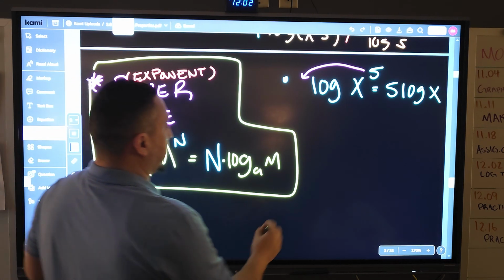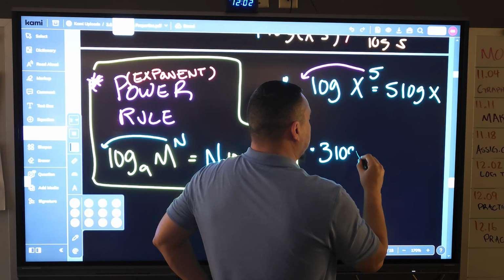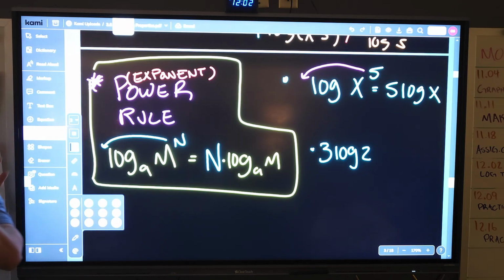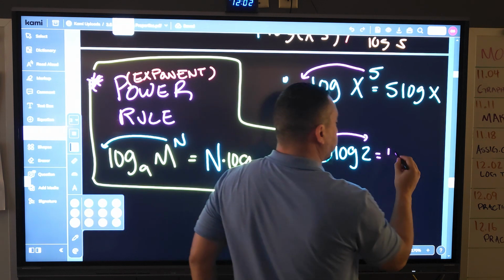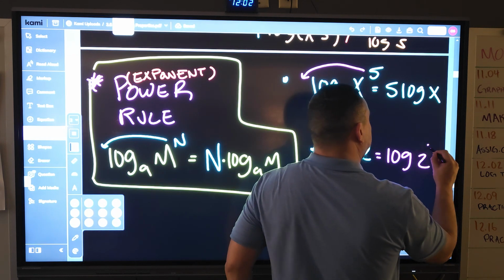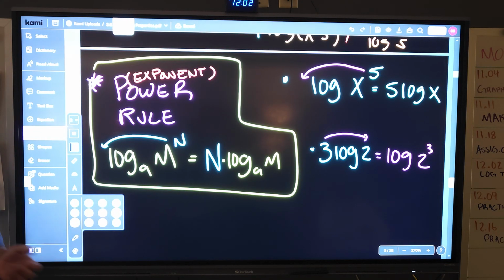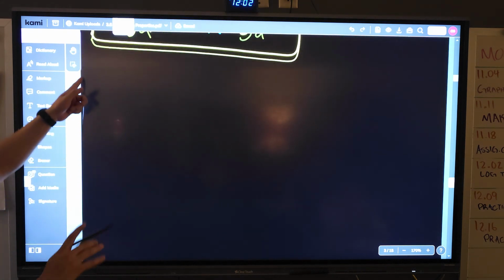Or you could go the other direction. If I have 3 times log of 2, you could bring that 3 up as a little power, so log 2 cubed. These tools work both ways, both directions. We're good, guys?